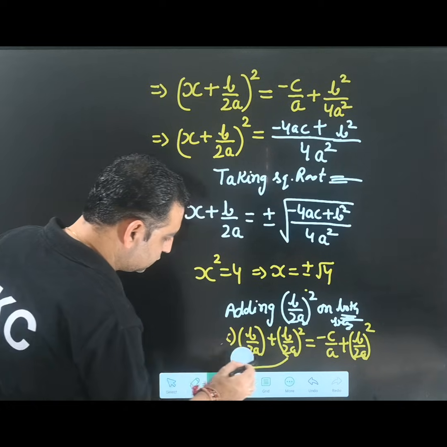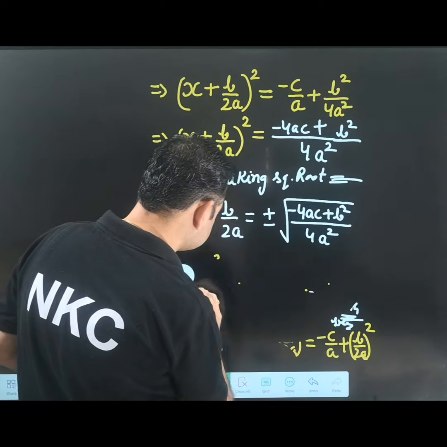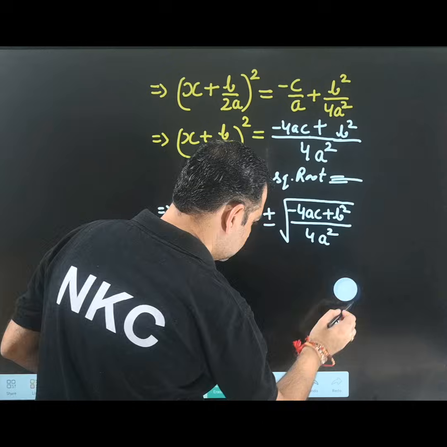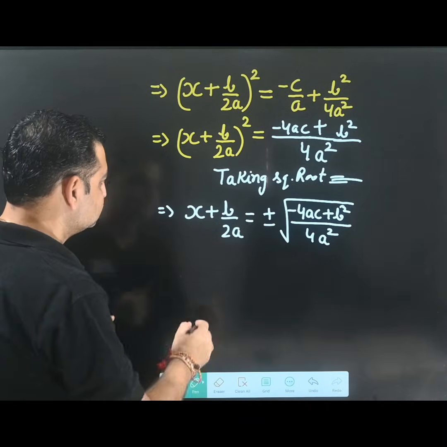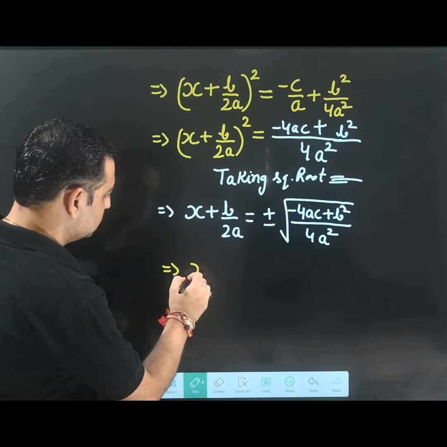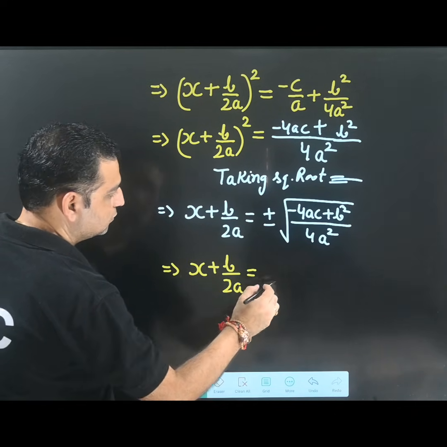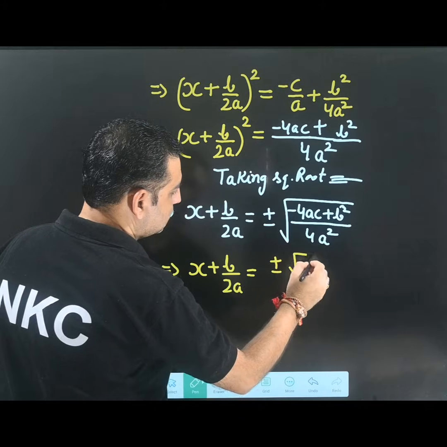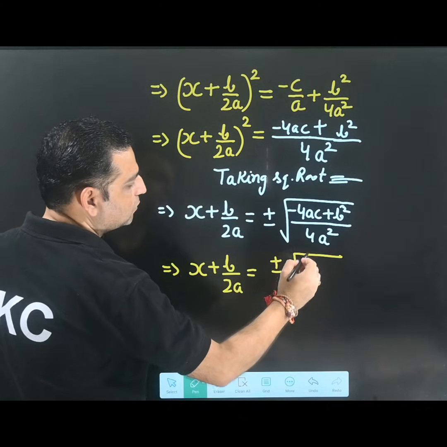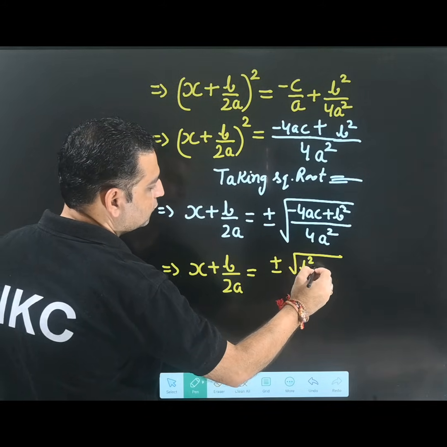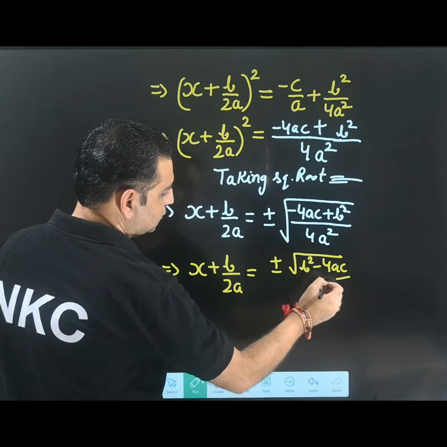Chaliye ji, let's move ahead. Now what we will do, plus b upon 2a, and here I'm separating out minus 4ac plus b square, which means b square minus 4ac, one is the same thing.